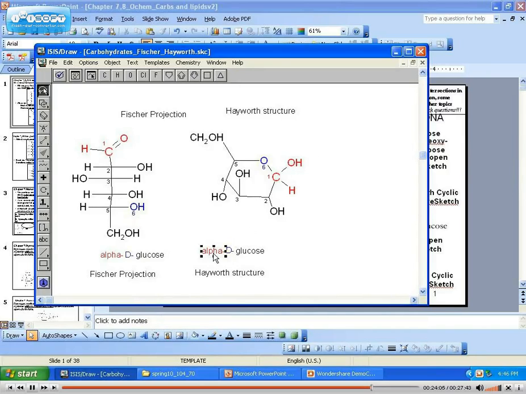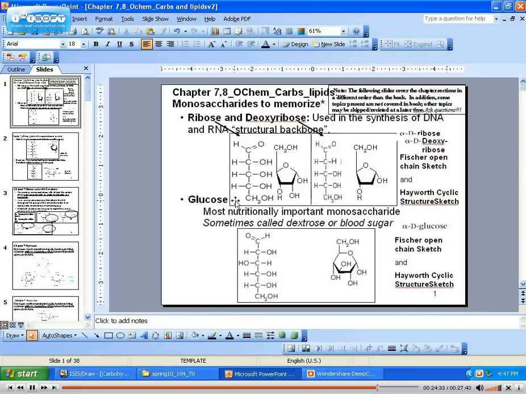This would actually be beta, not alpha. And then if I wanted to, I could swap it around. Now it's going to be alpha. Alright, so let's move on.